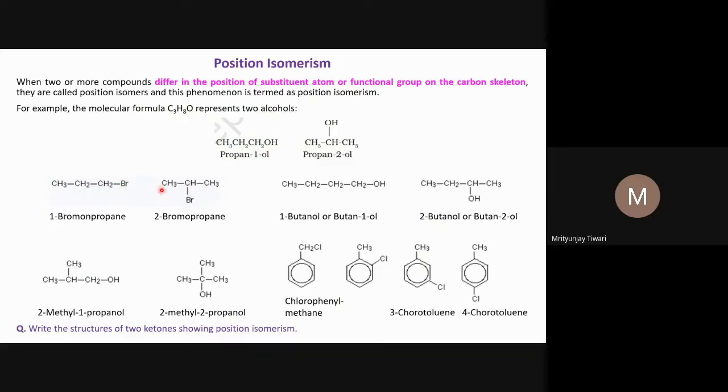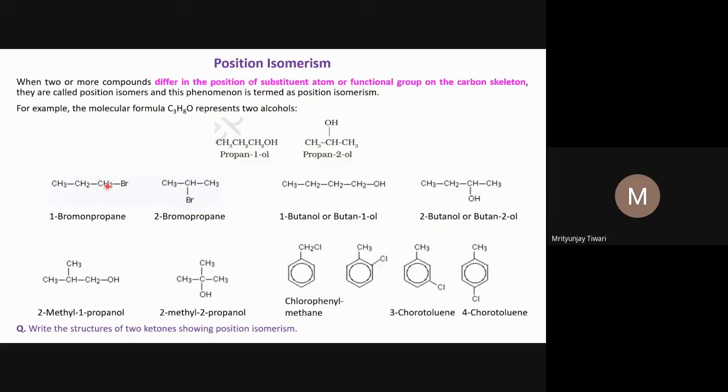In this example, numbering can start from this end or this end. If we do the numbering from this end to this end, 1, 2, 3, bromine is at the second position; here the bromine is at the first position. So this compound is 1-bromopropane and this is 2-bromopropane, and so both the compounds are position isomers.